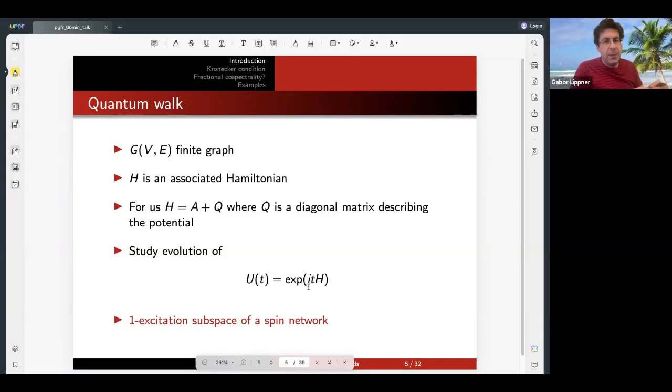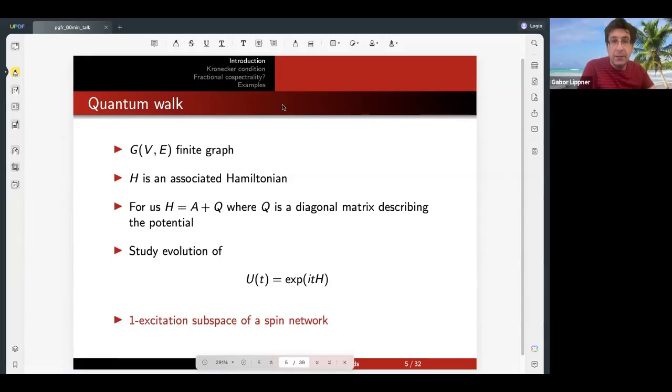It's the subspace of this big space where at any given time only one of the n particles is not in the ground energy state. So this is an n choose 1 dimensional subspace.